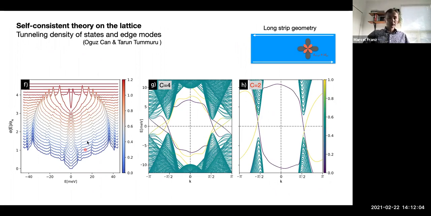This is our prediction for tunneling spectroscopy. One thing that we noticed is that for the Chern number 4 phase, the minimum gap is quite small, but still visible. It's a few meV, that's this bottom here, and should still be observable through a high resolution tunneling experiment.